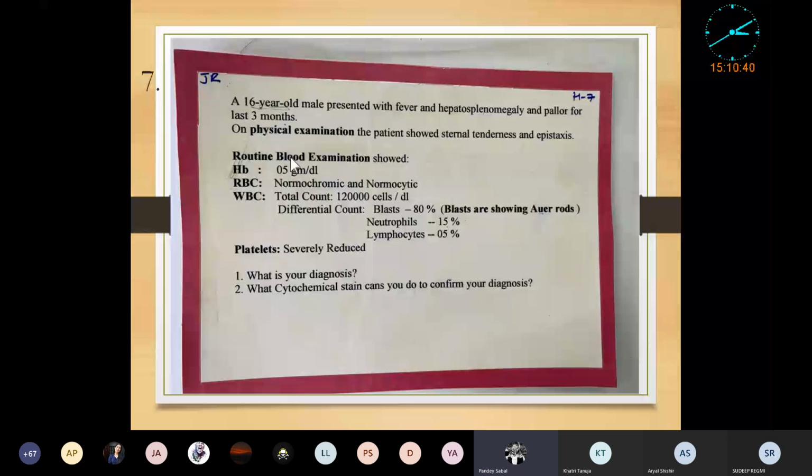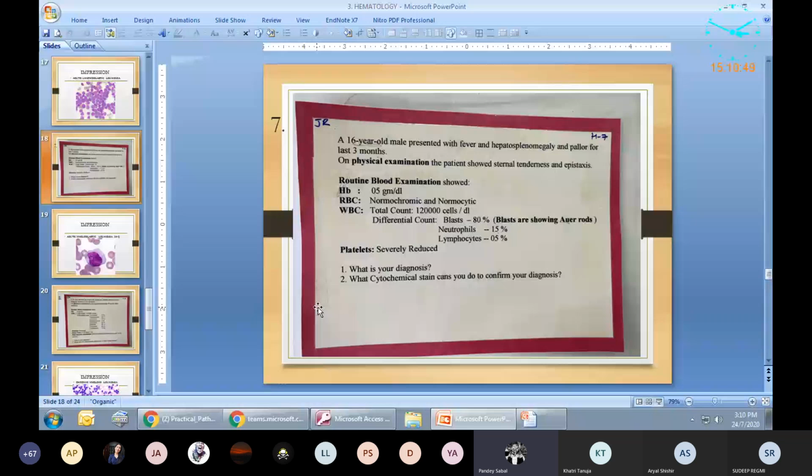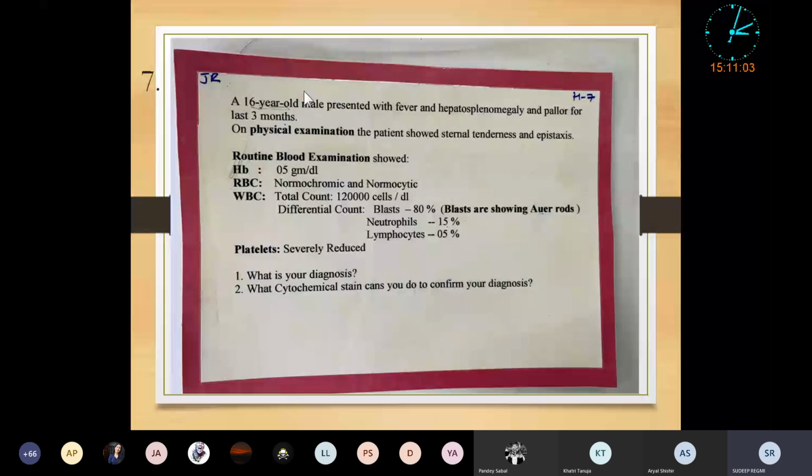Very good. Neutrophils 15%, it is decreased. Lymphocytes 5%, and platelets severely reduced. Okay. Very nice, Sabal. So he has talked about all the things: blast, total count, hemoglobin, everything.